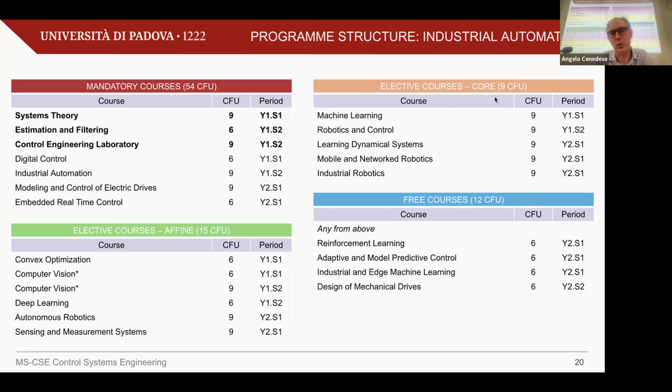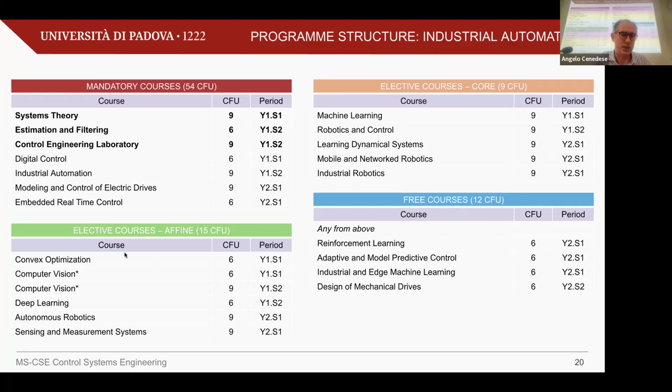Plus, we have one course from our core courses, and we have to choose between 9 credit courses. So here we have machine learning, robotics and control, mobile and network robotics, industrial robotics, and learning dynamical systems, so identification of models.